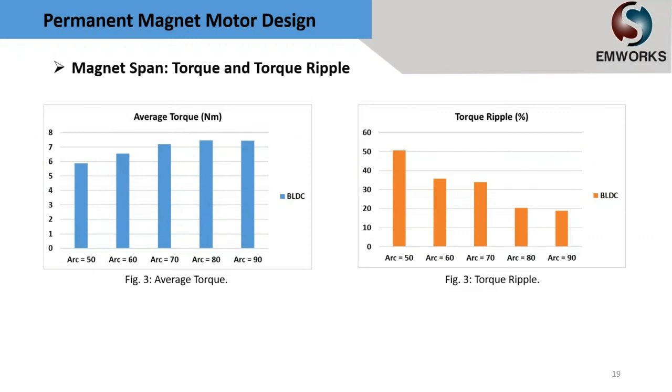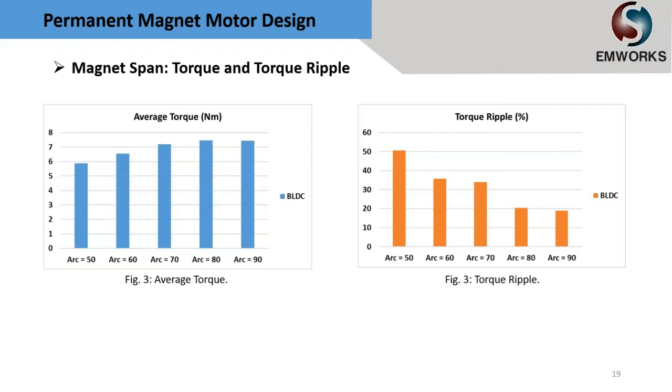These two bar charts show the average torque and the torque ripple. You can see by increasing the magnet span, the average torque increases, which is interesting, which is something that we are looking for. And at the same time, by increasing the magnet span, the torque ripple is reducing. Again, something interesting for us. We are looking for this.